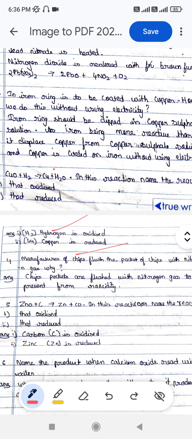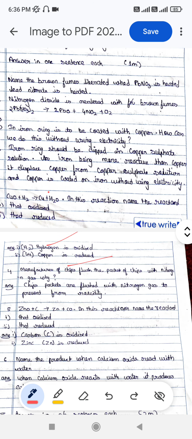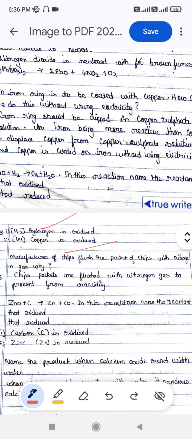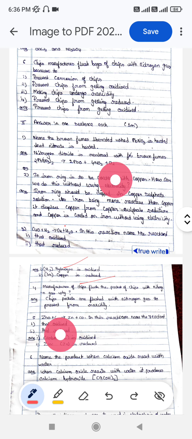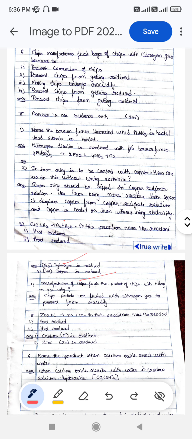A manufacturer of chips flushes the packet of chips with nitrogen gas. Why? You can remember this. Why are chips packets and food flushed with nitrogen gas? Because, as we already know, what is rancidity? Foods like fats and oils spoil in the presence of air and their taste and smell change.